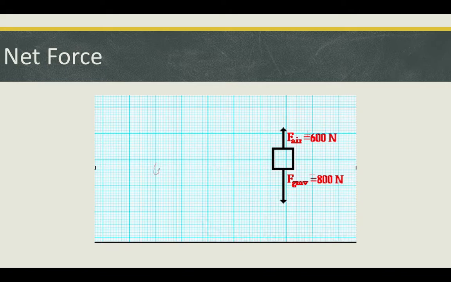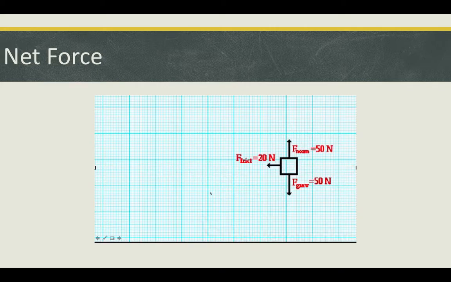So 600 newtons plus negative 800 newtons. That is equal to negative 200 newtons. Or otherwise, we could write it as 200 newtons downwards. So we can show the magnitude as well as the direction.